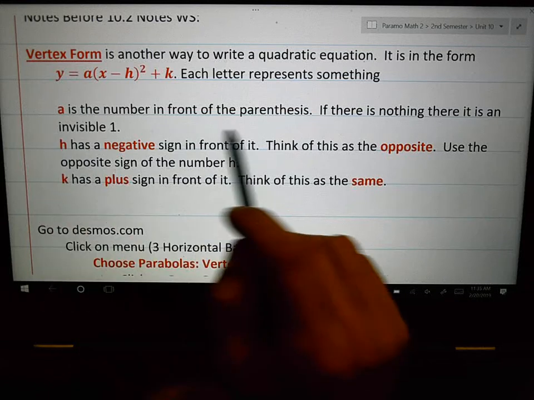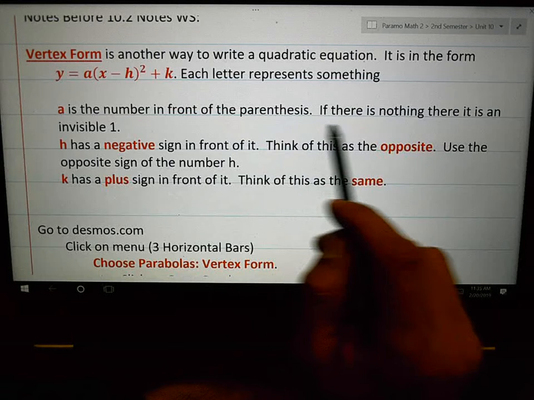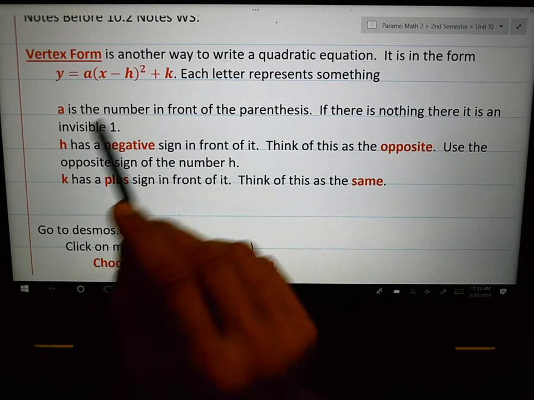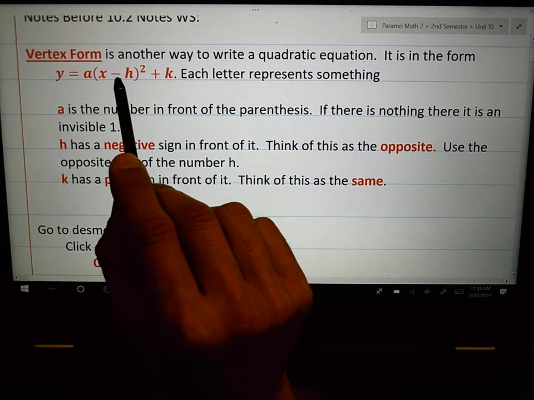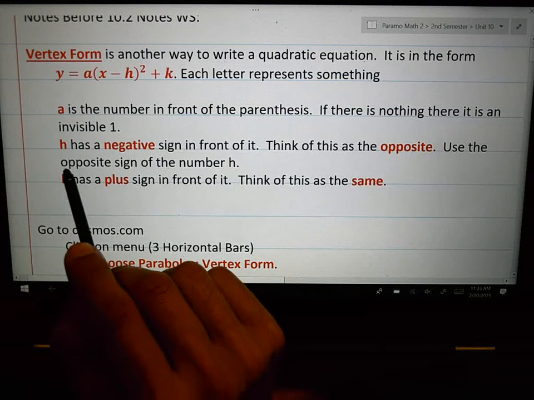A is the number in front of the parentheses. How many of these (x minus h) squares do you have? If there's nothing there, there is an invisible one. H has a negative sign in front of it. Notice how this H has a negative there, and H is the positive version of that.